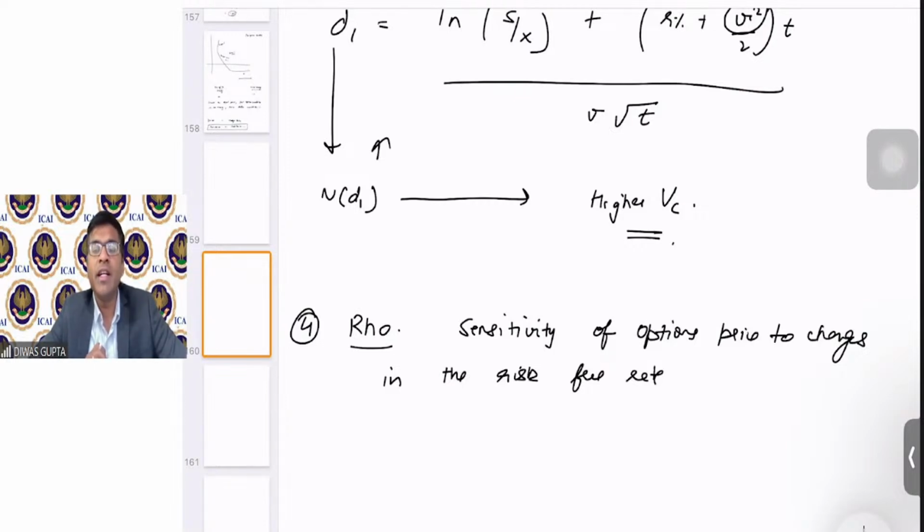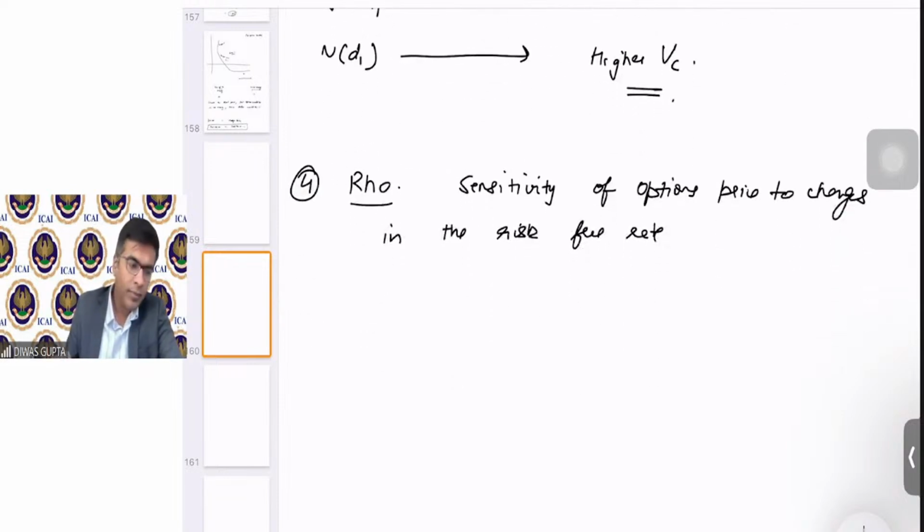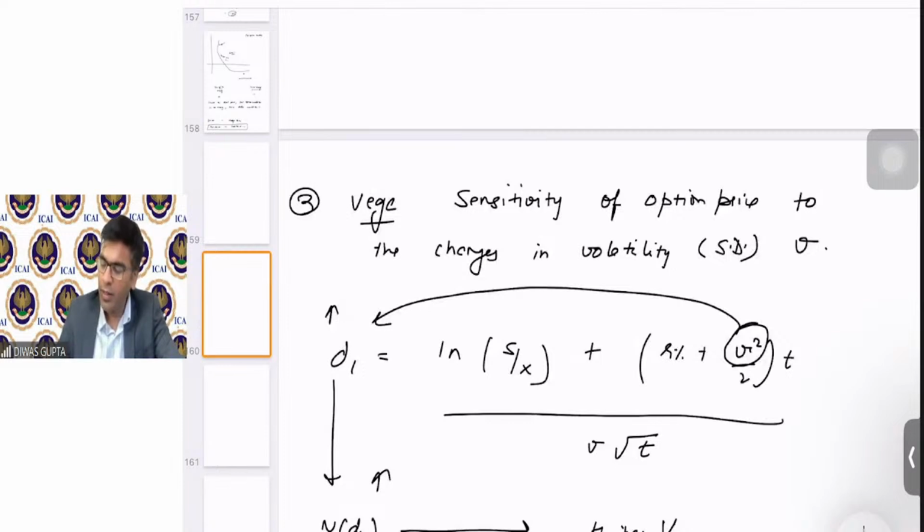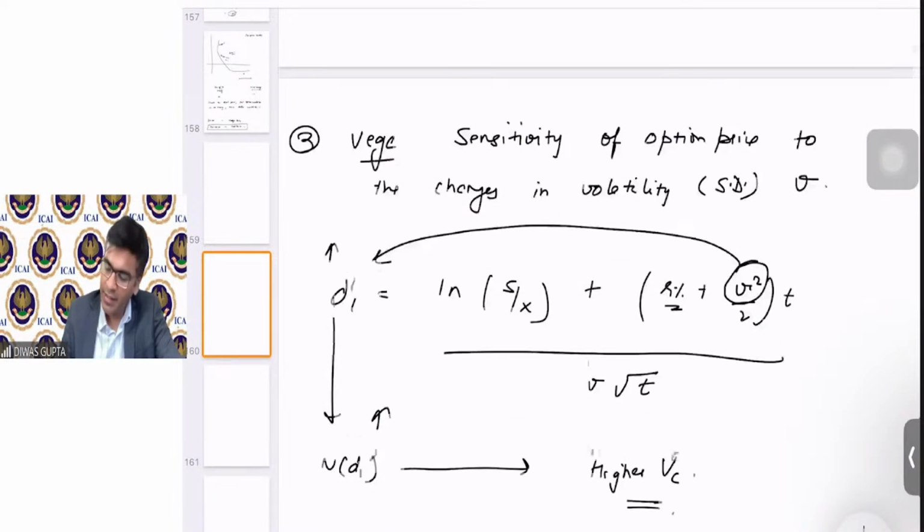So rho is sensitivity of option prices to changes in the risk-free rate. Correct, because again in the above formula, there is an R percentage also. So this R percentage is the risk-free rate, students.